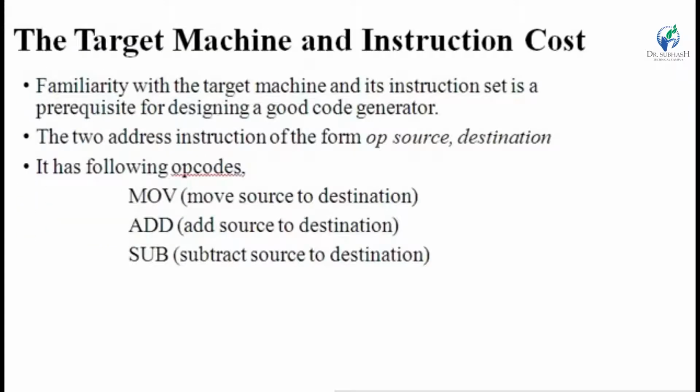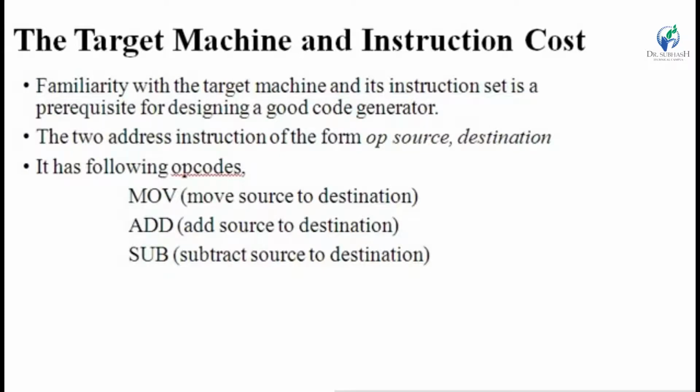Next is the target machine and instruction cost. Target machine and its instruction set is a prerequisite for designing a good code generator. So we will assume our target computer models a 3-address machine with load and store operation, computation operation, jump operations and conditional jumps.